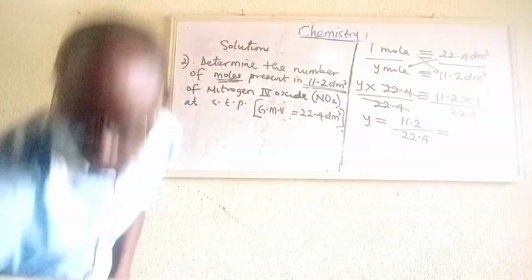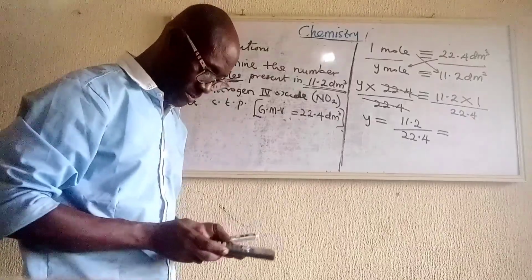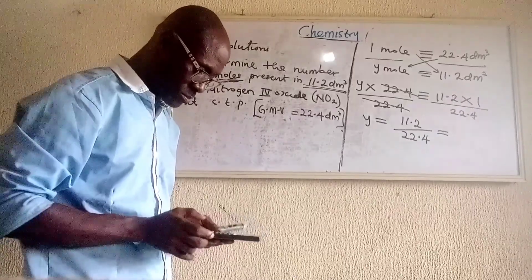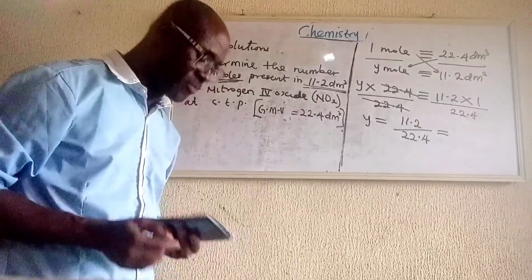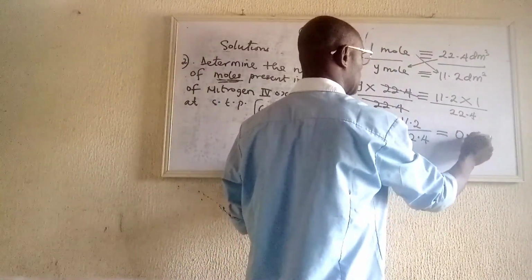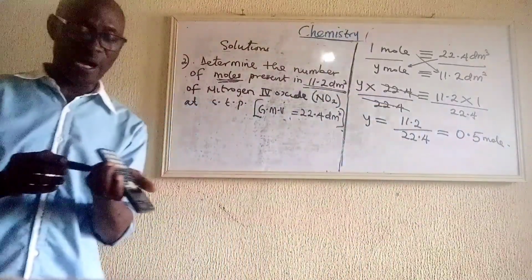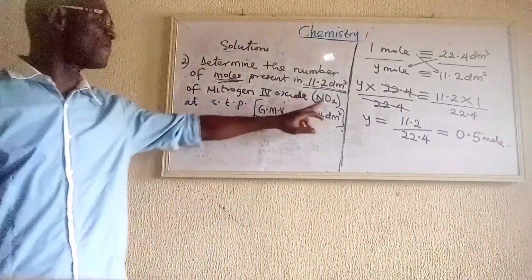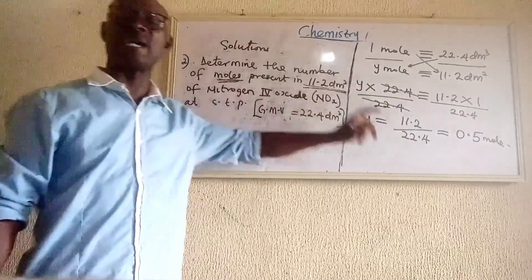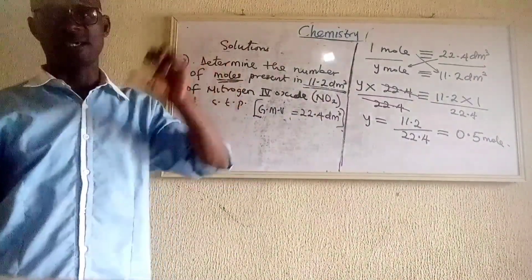Let's use the calculator to get our value. 0.5 mole. That means 0.5 mole of gas nitrogen 4 oxide is present in 11.2 dm cube of that same gas at STP.